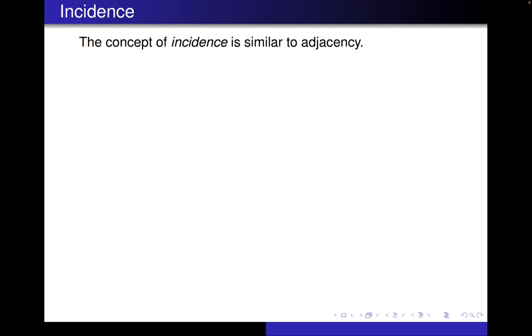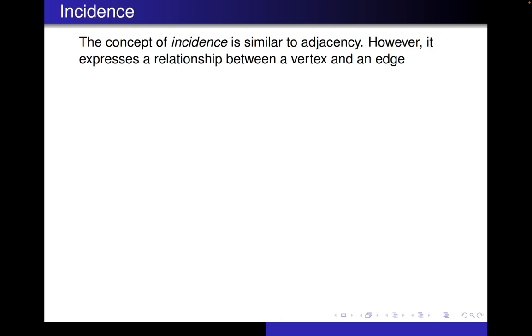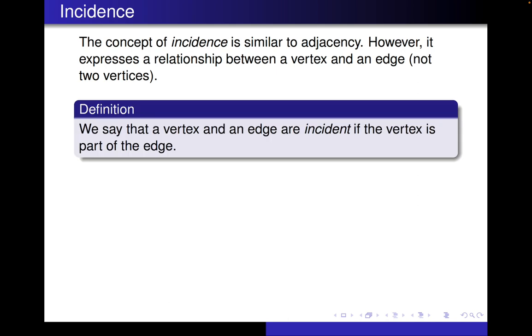Now the concept of incidence is similar to adjacency. When two vertices are adjacent, that's between two vertices. Incidence represents a relationship between a vertex and an edge, instead of two vertices like it is for adjacent vertices. So we say a vertex and an edge are incident if the vertex is part of that edge.